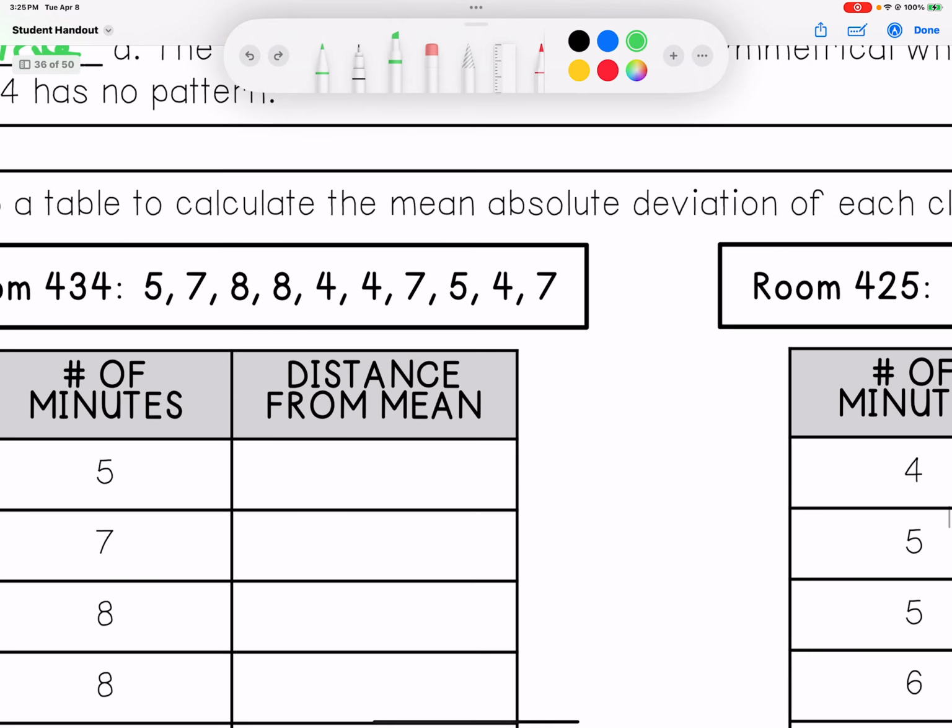Add them up. 5 plus, you go ahead and add them up. I'm going to add them up in my own calculator. I'm going to let Siri tell me, actually. Average these numbers: 5, 7, 8, 8, 4, 4, 7, 5, 4, 7.